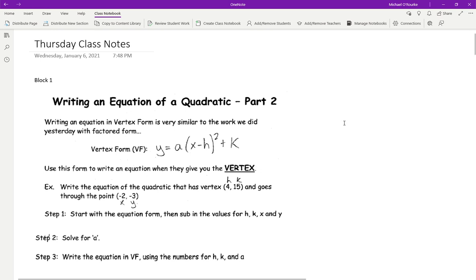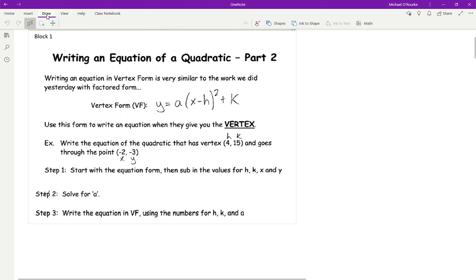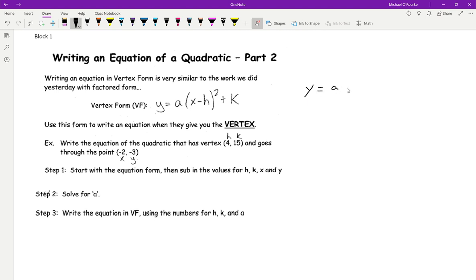All right. So yesterday, if you remember, we worked with this. What did we work with? X minus R, X minus S. And we got numbers for X and Y and R and S. And then we plugged them in and we solved for A. Do you guys remember that yesterday?